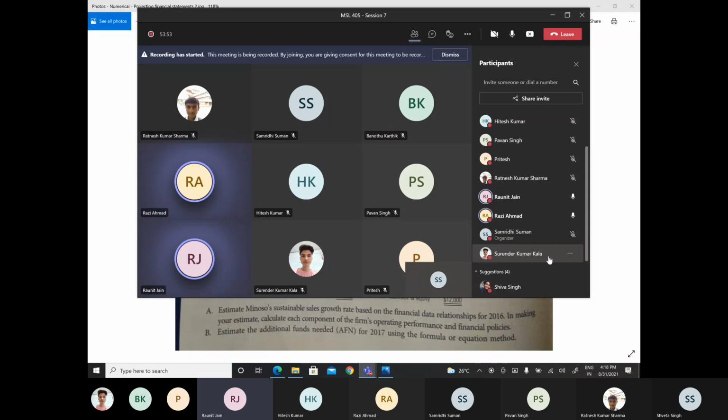Ma'am, I tried to do it. हाँ, क्या क्या किया तुमने बताओ, स्टेप बताओ क्या किया? Ma'am, I was trying to do additional funds needed part. हाँ, तो क्या किया तुमने उसमें? Ma'am, first of all, I used that formula, but actually I wasn't able to memorize it at that time.